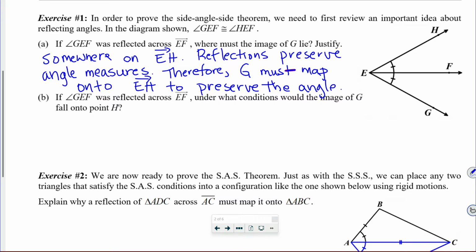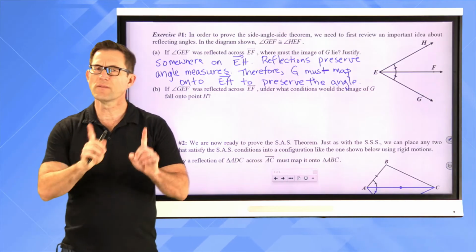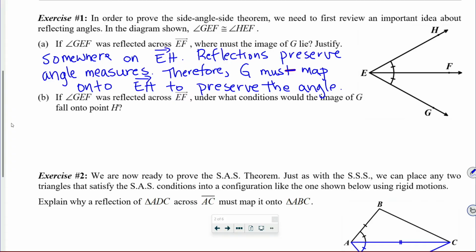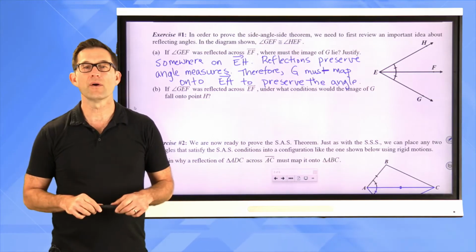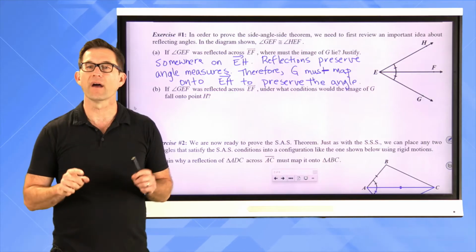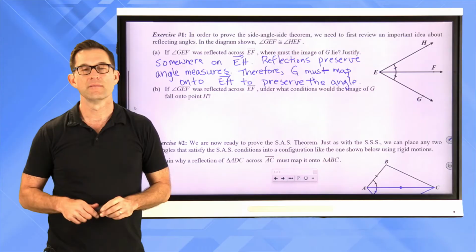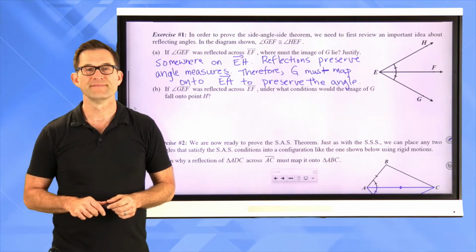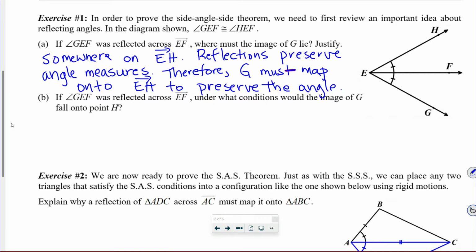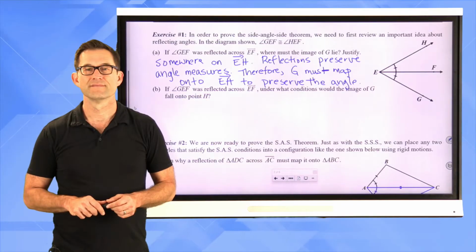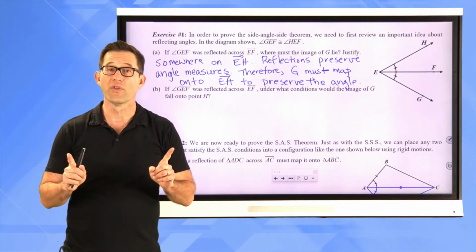Now, if you said, oh, it's got to land on point H, well, let's take a look at letter B. If angle GEF was reflected across ray EF, under what conditions would the image of G fall onto point H? All right, pause the video now and see if you can explain what it would take for G to land on H. Pause the video and go ahead and do that. Well now there'd have to be two things true.